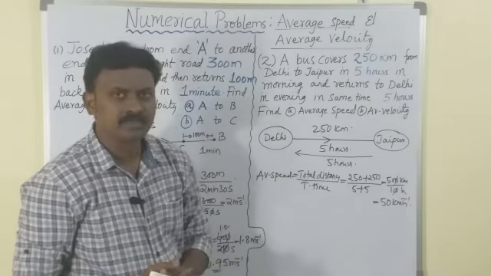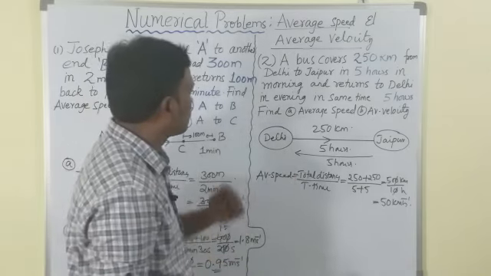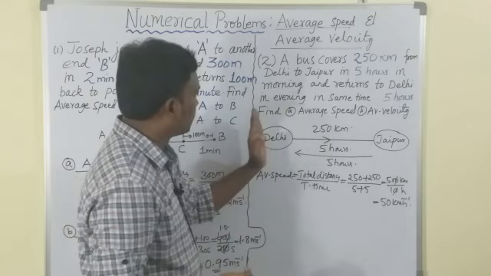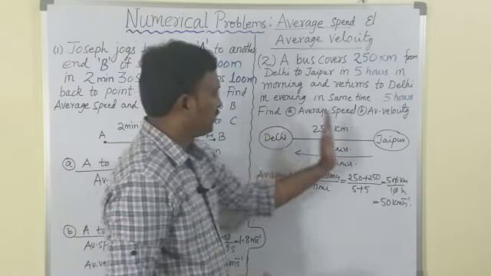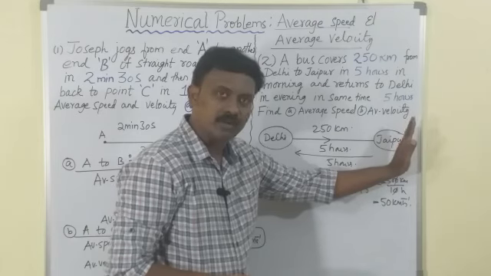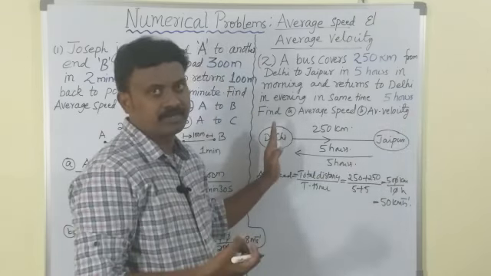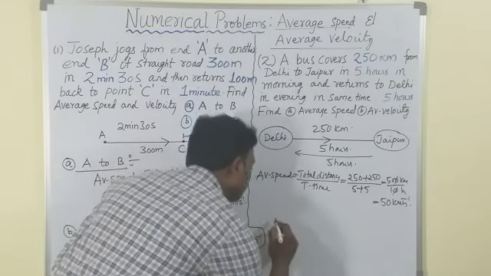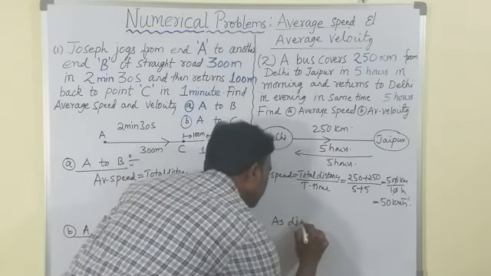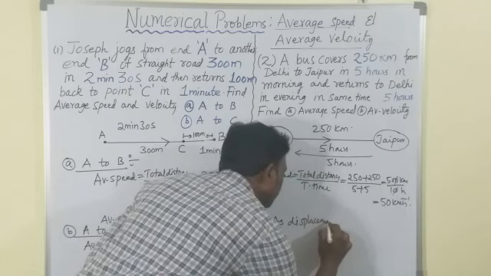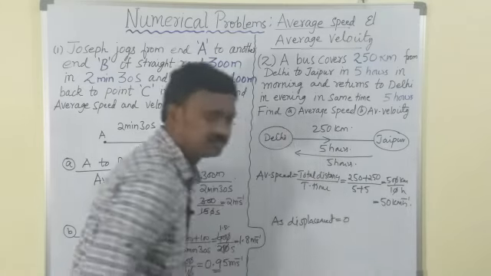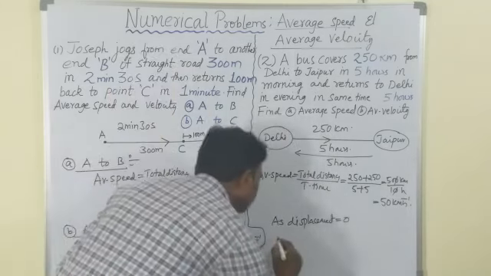Now let us see average velocity. The bus started from Delhi, went to Jaipur in the morning and again came back to Delhi. So what is the displacement? Displacement is 0. As displacement is 0, velocity is 0.